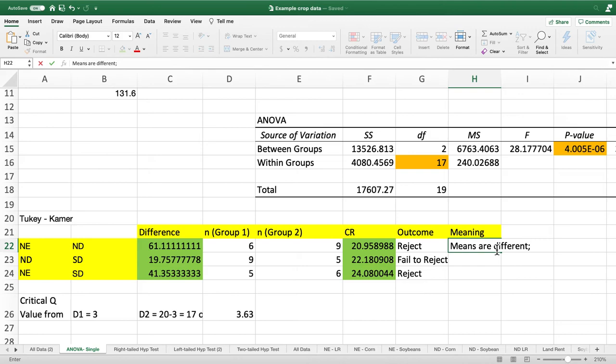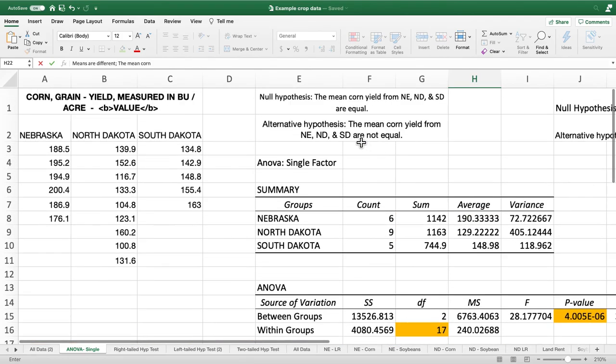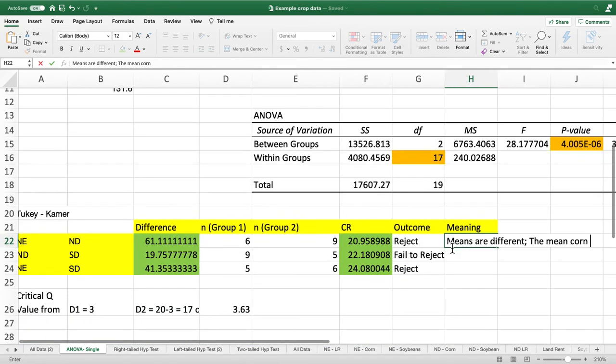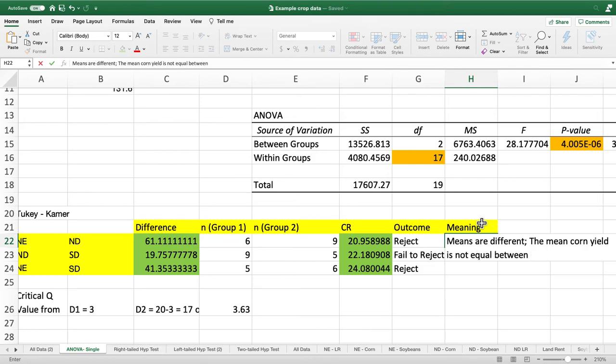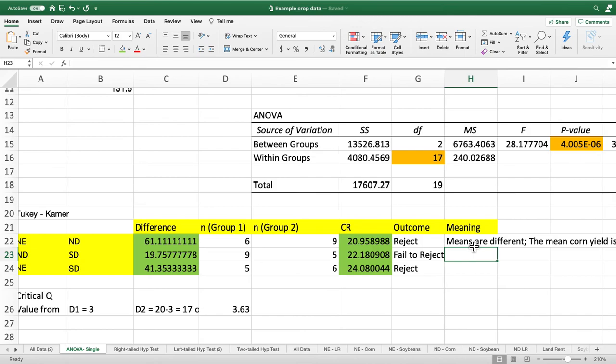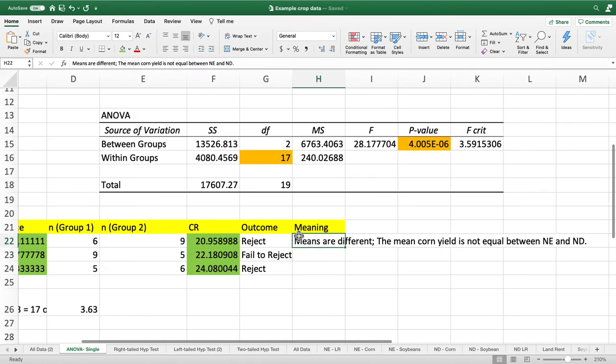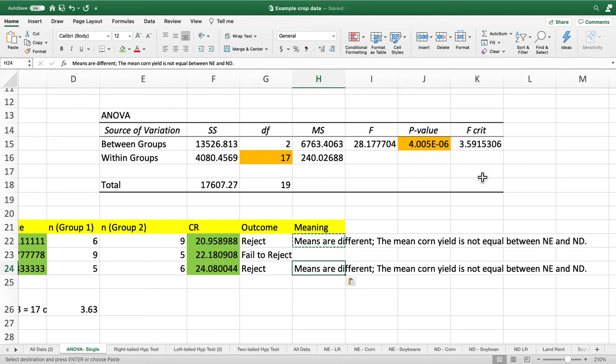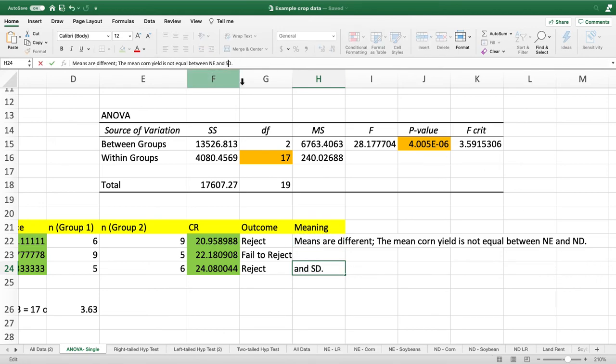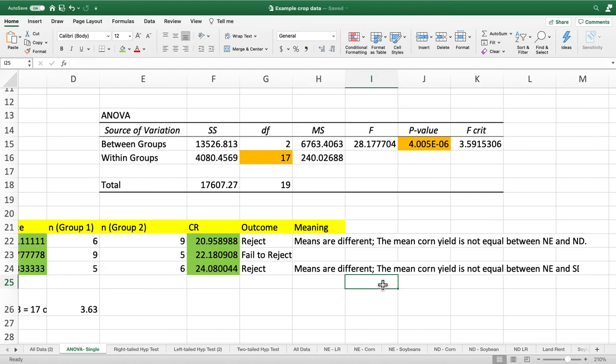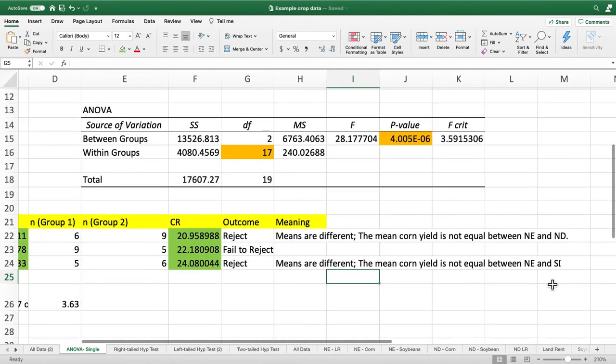Or more specifically, let's go back up and use our hypothesis. The mean corn yield is not equal between Nebraska and North Dakota. And we can just copy that same thing and paste it down here because we're doing the same thing. We're rejecting and saying that the mean corn yield is not equal between Nebraska and South Dakota.